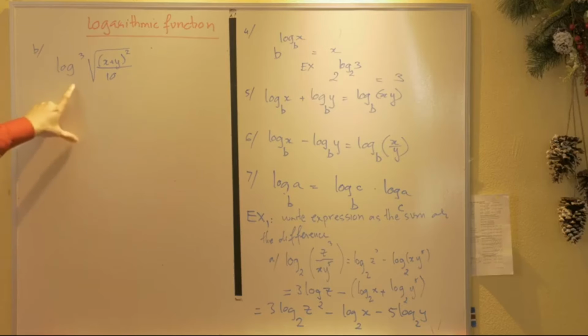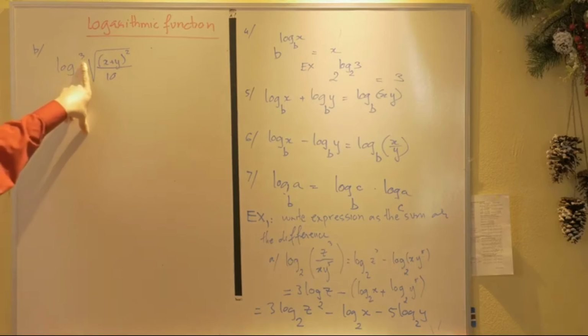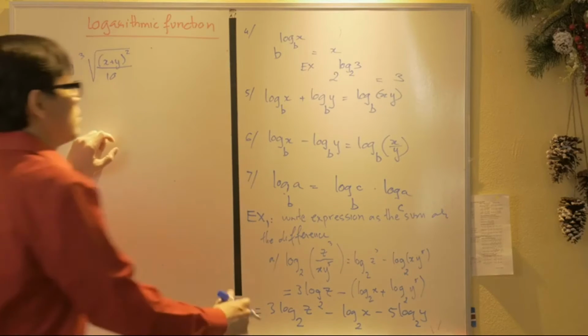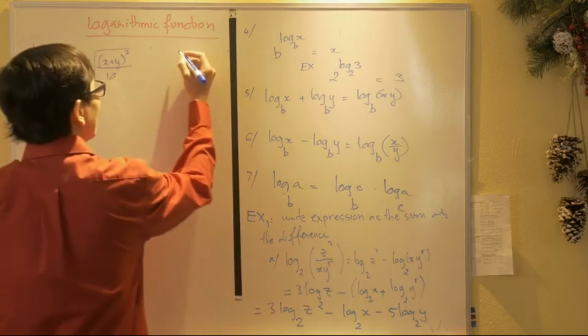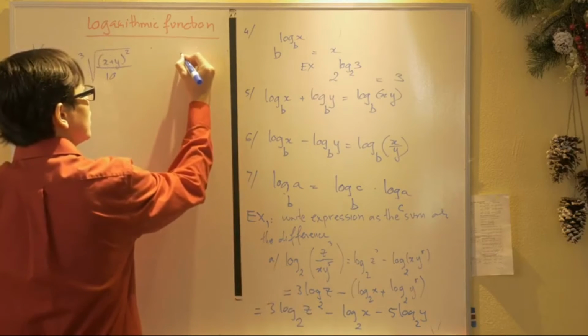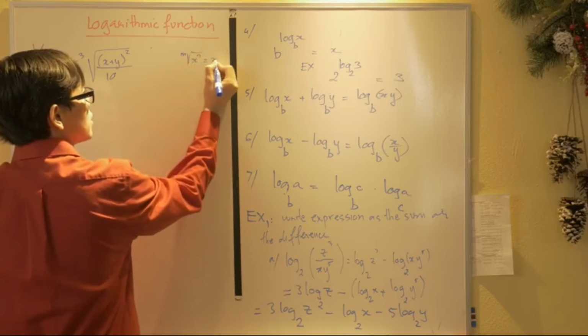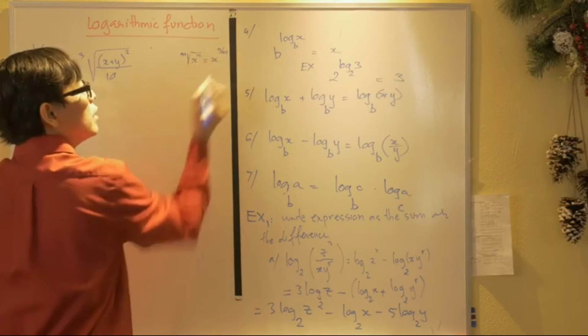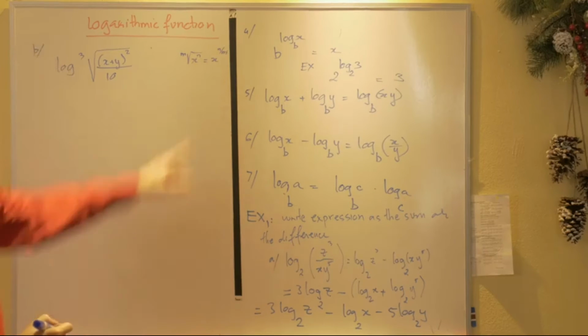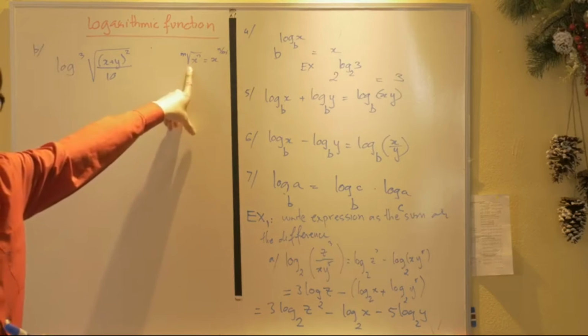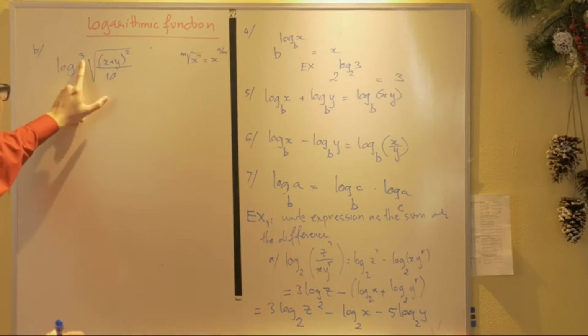Okay, so you see the log, this is log base 10 and this is a cube root. Remember, any root we can bring it to the exponent. Remember this formula? M root of x to the n is equal to x to the n over m. Okay, we already learned this in intermediate algebra. So this is cube root.